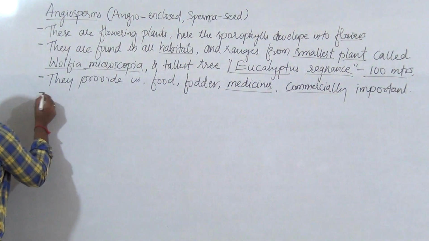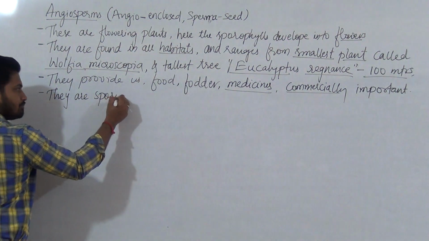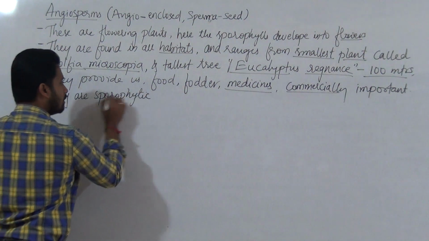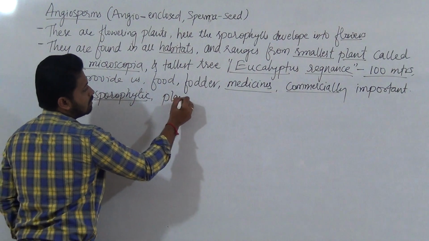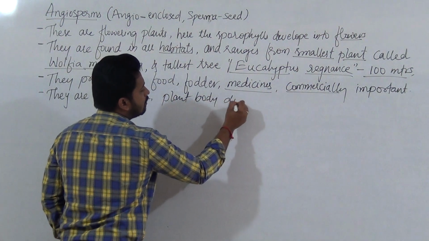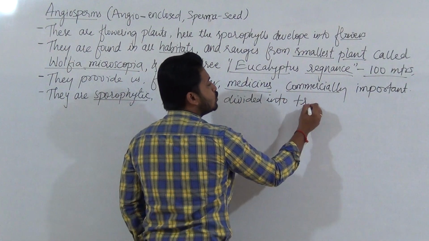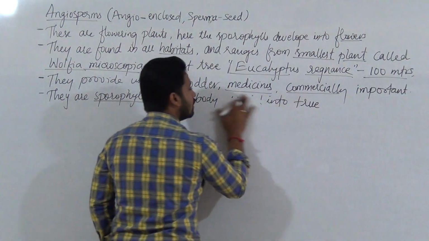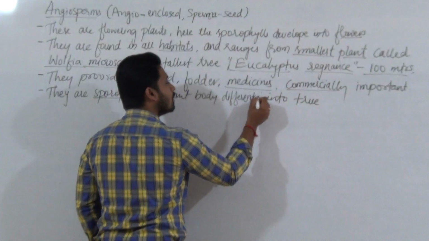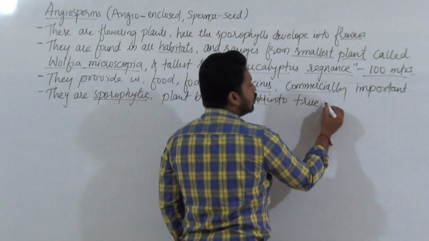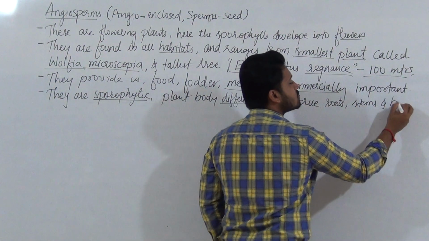Next, of course, they are sporophytic, 2n. The plant body is divided into true roots, stems and branches.